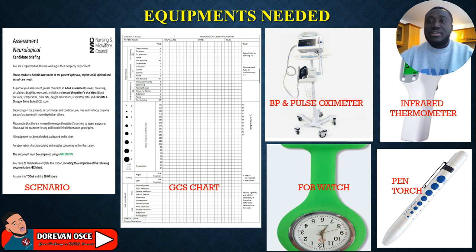You will also need an infrared thermometer, a fob watch, which you use to time your pulse and your respiration, and a pen torch to check your pupil size and how they react to light. These are the equipment you need to complete the station.